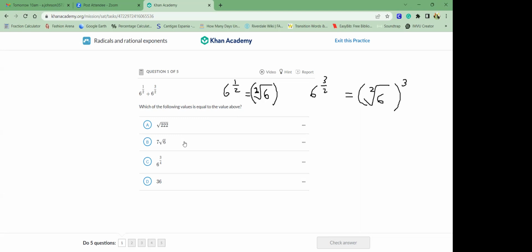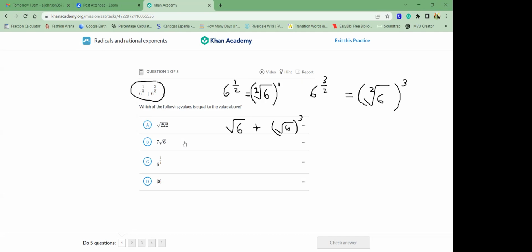All right, so let's go back. All right, let's see here. Okay, so going back to this right here. Let's think about how we can do that. So it's the same thing as root 6 plus root 6 to the power of 3. How can we simplify that? Now, if this was multiplication, right, we would just add the exponents, but it's addition.